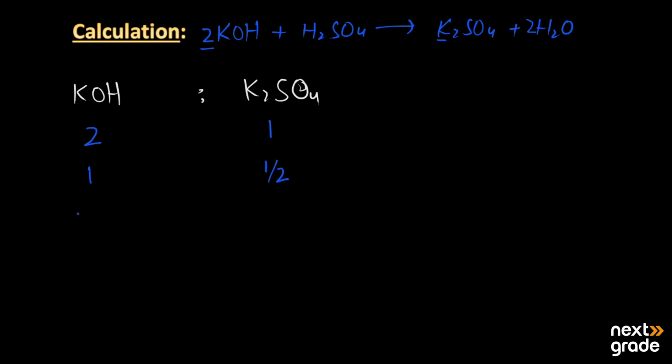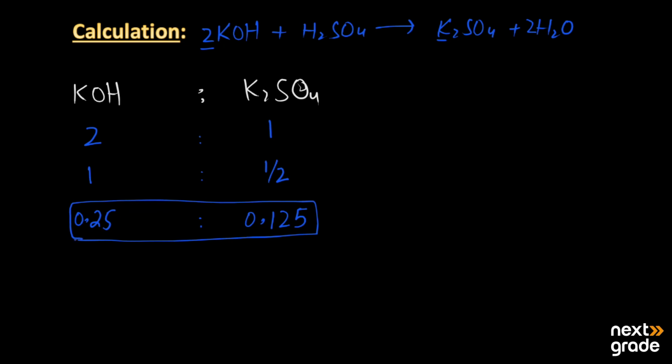And if we have 0.25 moles of potassium hydroxide, then the moles of potassium sulfate produced are 0.125. This is known as the comparison method, by which we can find the moles of one substance from the other by comparing them.